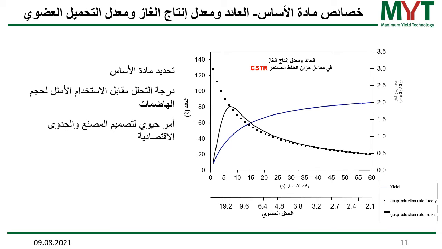So the shorter your retention time, the higher your organic loading rate, and the higher your gas production in relation to your digester volume. And this would be theoretically the dotted line you can see.